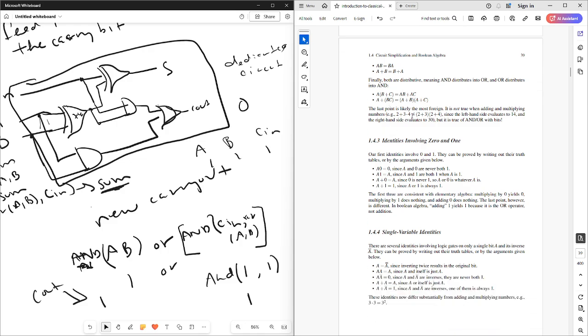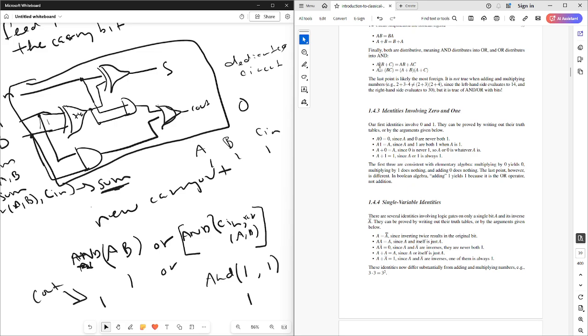And they're also distributive, so we can treat it like a normal numerical situation where we want to distribute and get products. So A and (B or C) becomes A and B or A and C. And the same thing here with this one right here, we can factor this out.